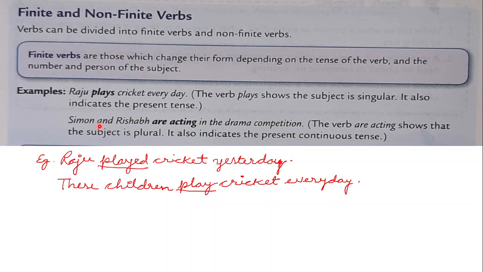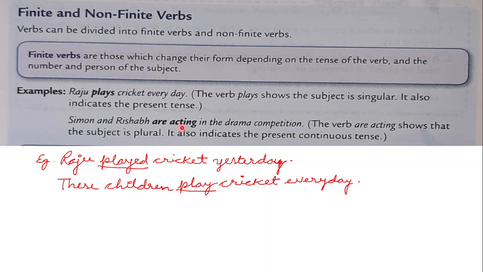Now another example you see here, Simon and Rishabh. These are plural case, two persons together. So Simon and Rishabh are acting in the drama competition. Since the subject is plural, more than one, that's why here is are. Are shows plural case. Now acting is the present continuous tense.